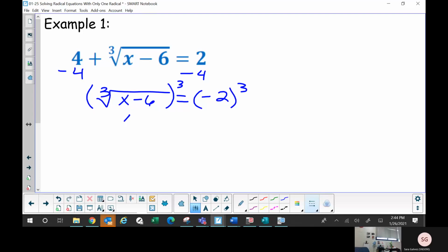So on the left, we just have x minus 6. On the right, you're going to have -2 times -2 times -2, which is what? -8. Now what? Add 6.